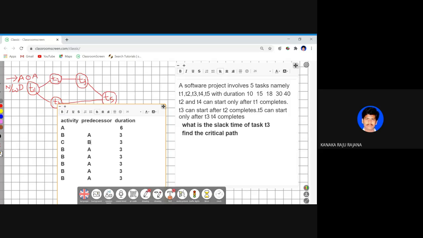What about the duration? Duration is 10. Similarly, this is D. Okay, this is E. Let me write all the parameters first.